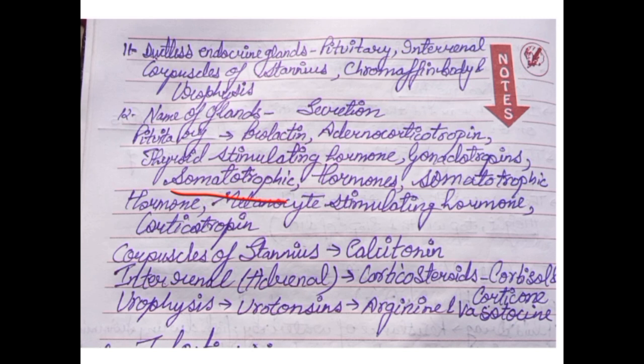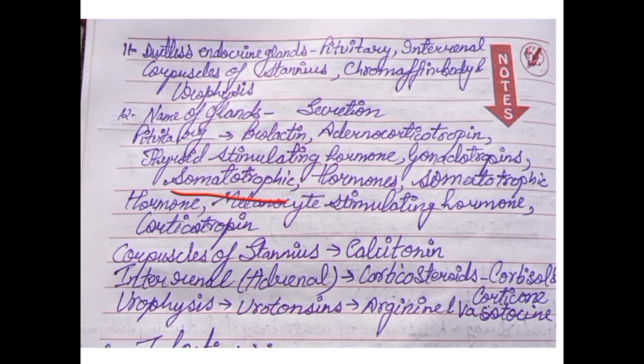So prolactin generally helps in maintaining buoyancy as well as osmoregulation in the fishes. Then adrenocorticotrophin generally stimulates or maintains the stress hormone. Thyroid stimulating hormone generally helps in stimulating the thyroid gland, which produces the thyroid hormones T3 and T4.